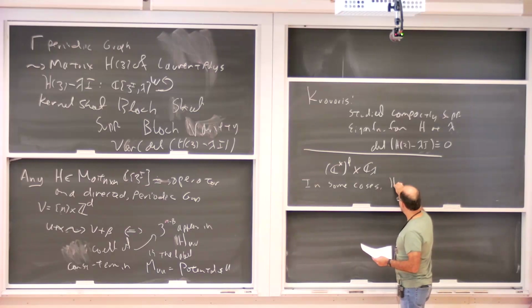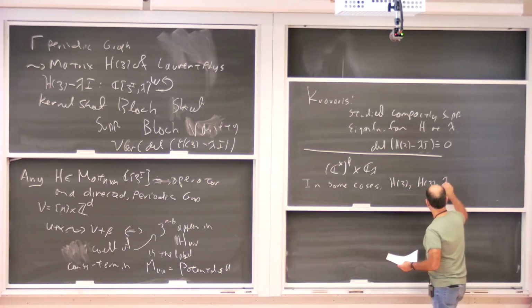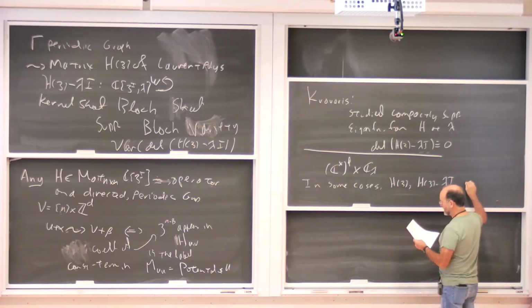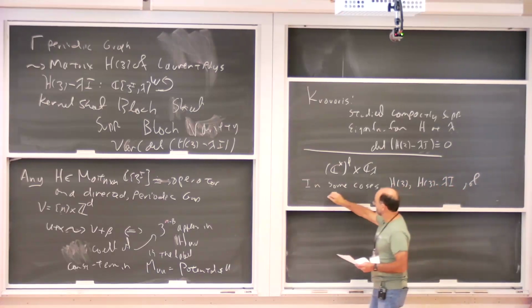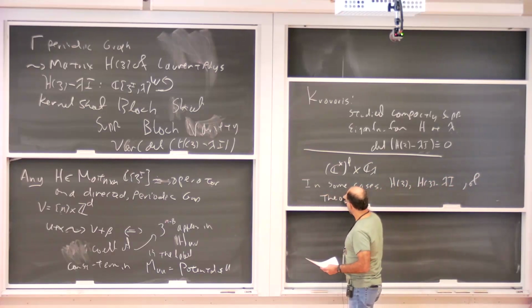In some cases, all of these guys, h of z minus lambda identity, and the operator. So there was originally a linear operator.